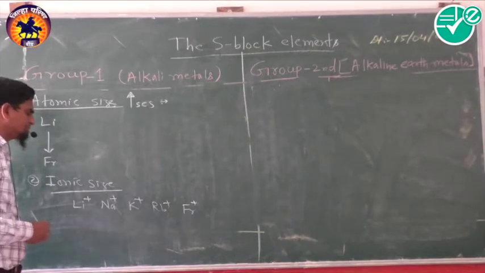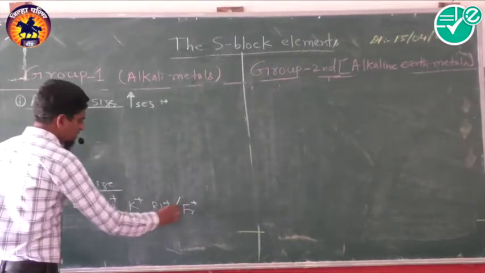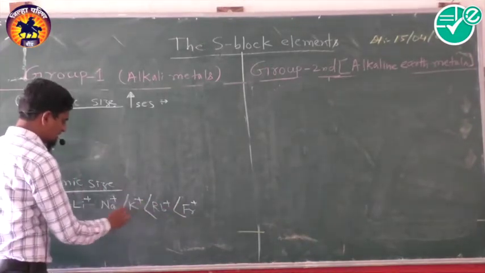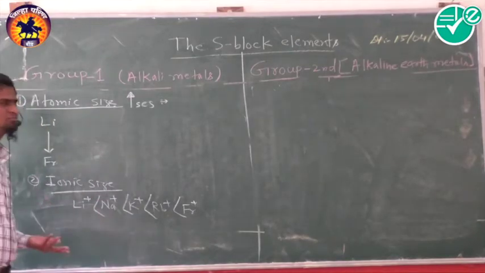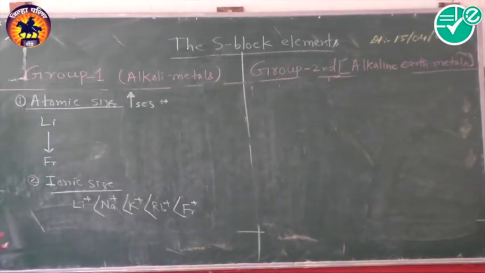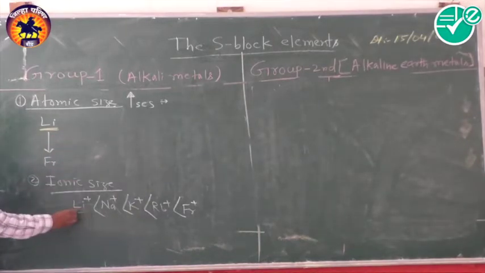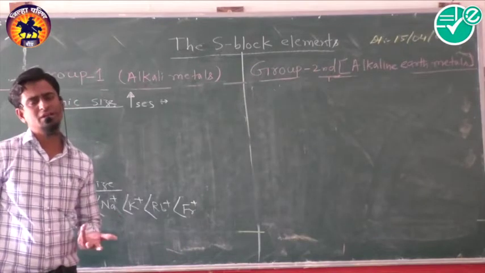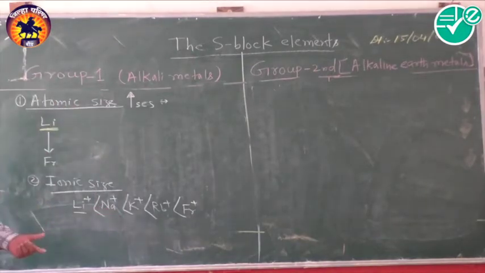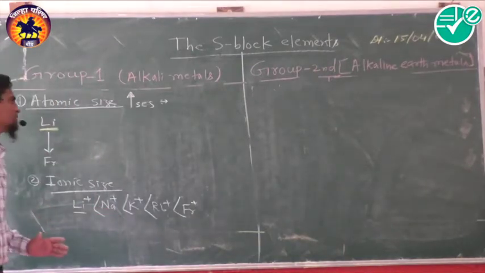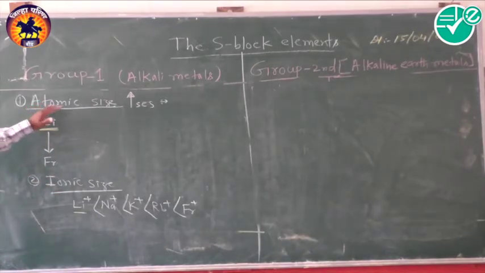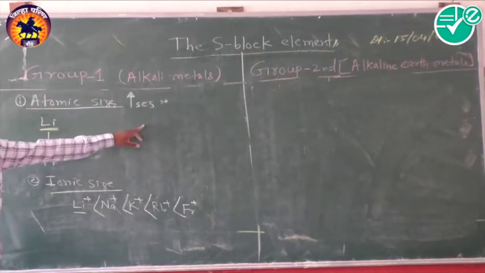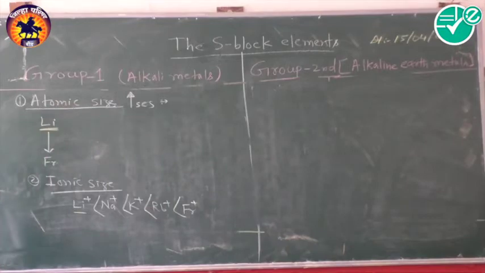Then what we observe is that francium has more size and lithium has the smallest size. If you compare the size of lithium and lithium plus, which has the smaller size? Obviously, the cation has the smallest size. So atomic size increases from top to bottom in group 1.